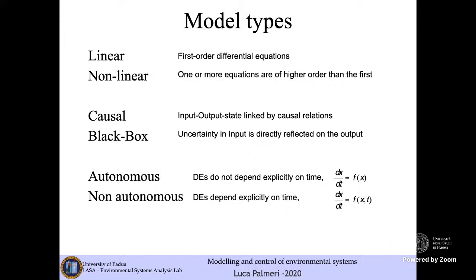Then there is another important distinction that has to do with our epistemology, or our way of studying ecosystems or environmental systems. And this distinction has to do with causality. We talk about causal models in which input and output states are linked by causal relations, and this is the deterministic reductionistic approach.